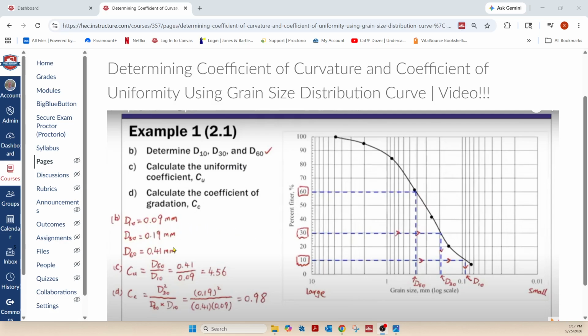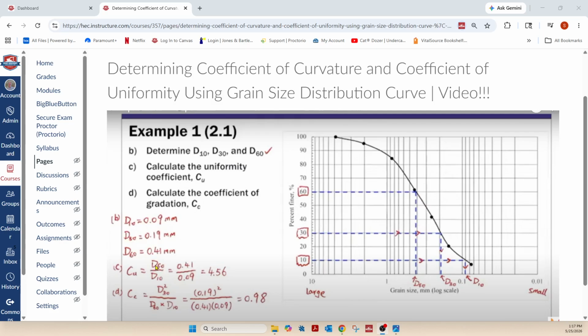And then I have D30 at 0.19 millimeter. I have measured D60 as 0.41 millimeter particle.